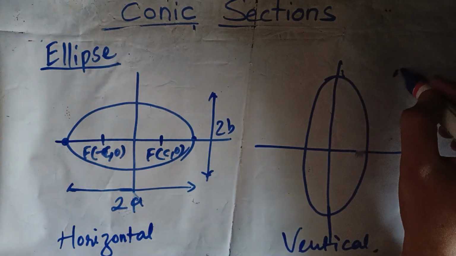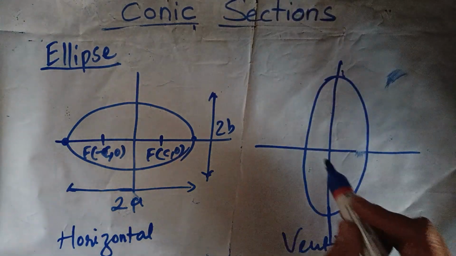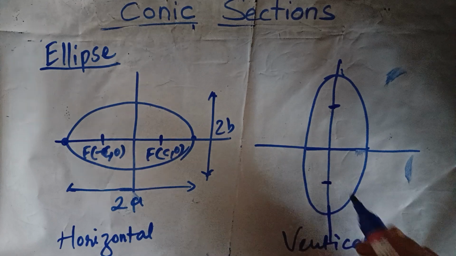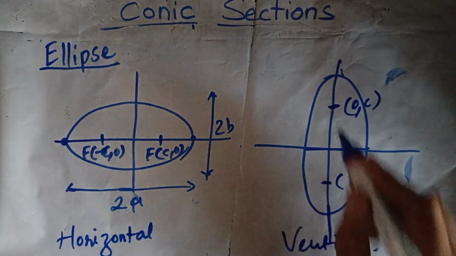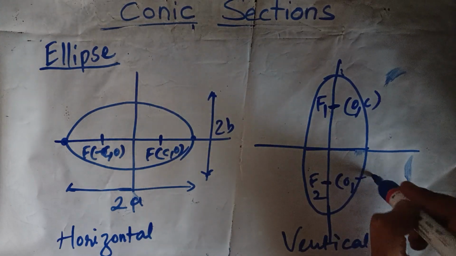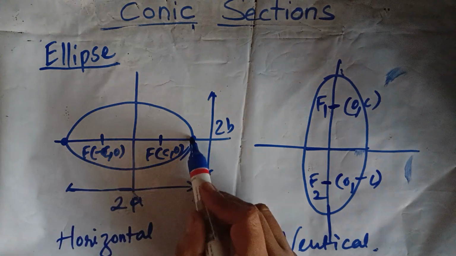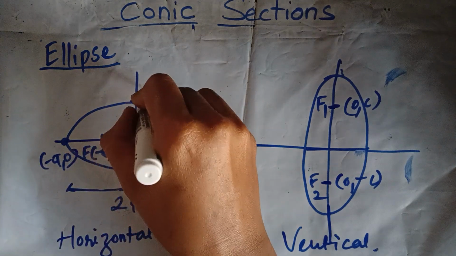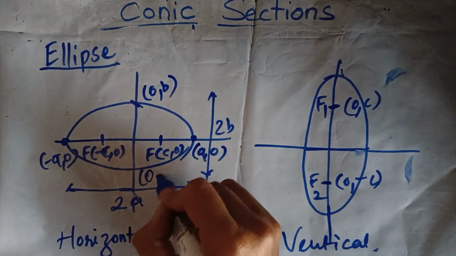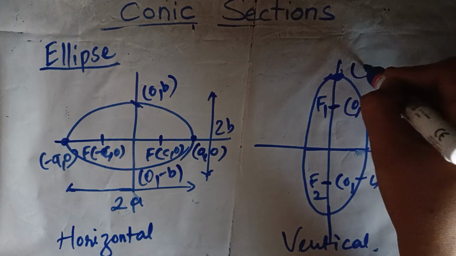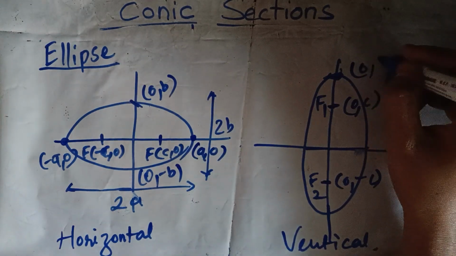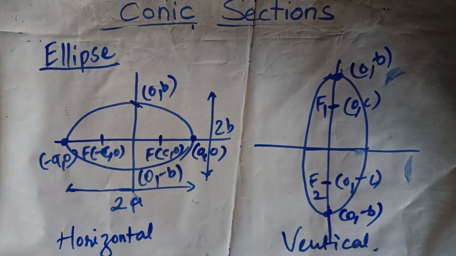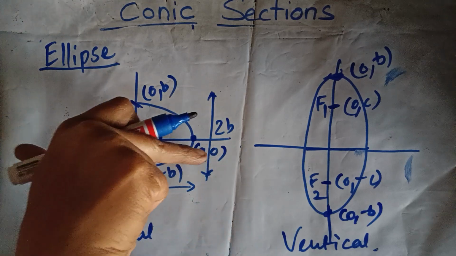Vertical. So here the major axis is 2A. Here the focus points are on the y-axis, so these are 0 comma C and 0 comma minus C. These points are A comma 0, minus A comma 0, and 0 comma B, 0 comma minus B. In the horizontal case the major axis is the x-axis.